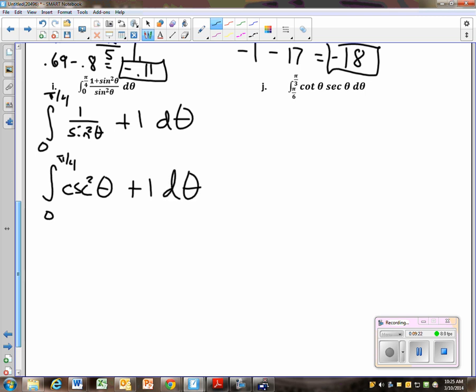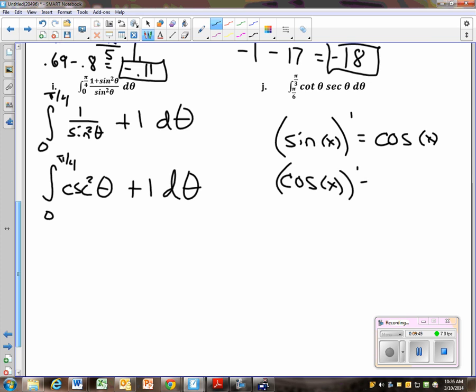What do you take the derivative of to get negative cosecant squared? Remember this: if you have sine of x, the derivative of sine is cosine of x. The derivative of cosine of x is negative sine of x.